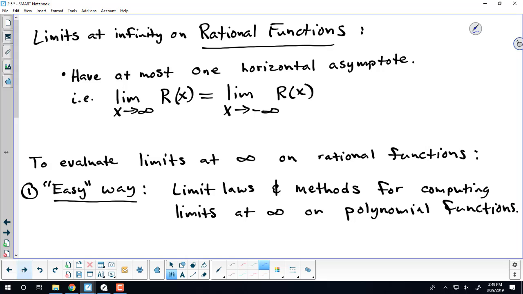So the limits at infinity for rational functions, they have at most one horizontal asymptote. So these are the other functions that I was trying to get someone to mention, where it doesn't matter which limit that we compute, infinity or negative infinity. So think about rational functions for now, like they're the exception.